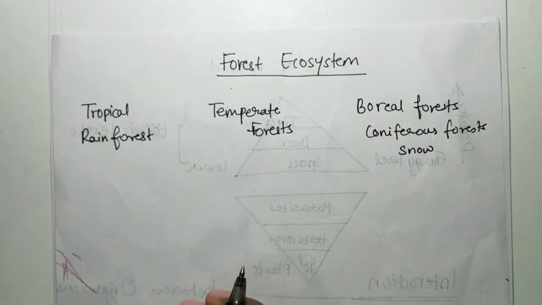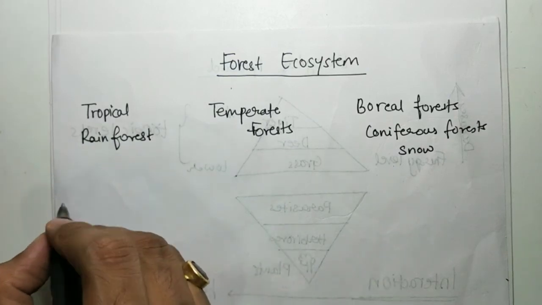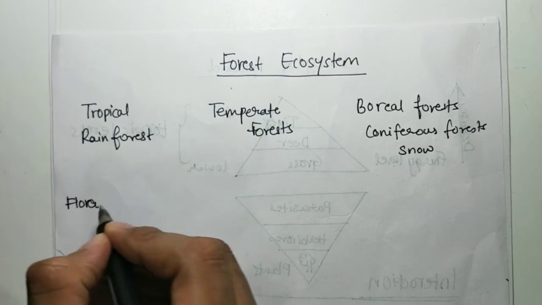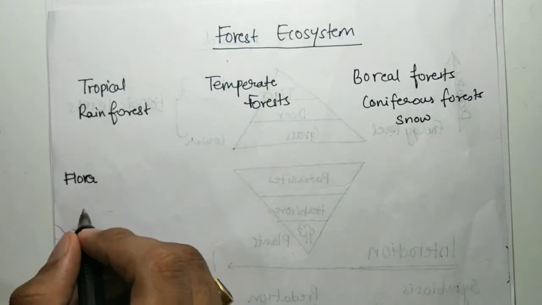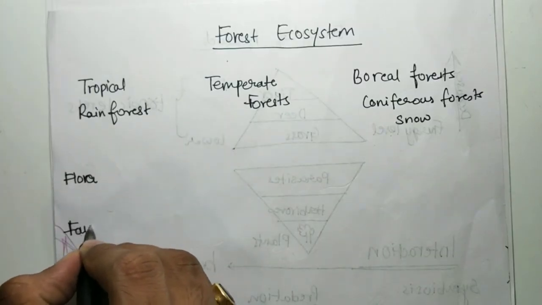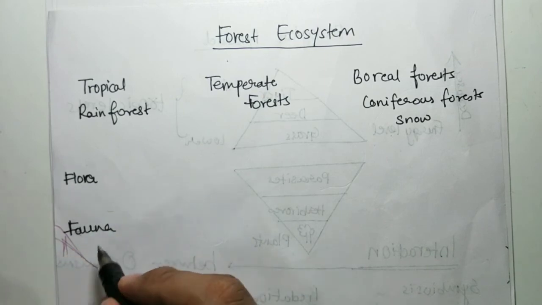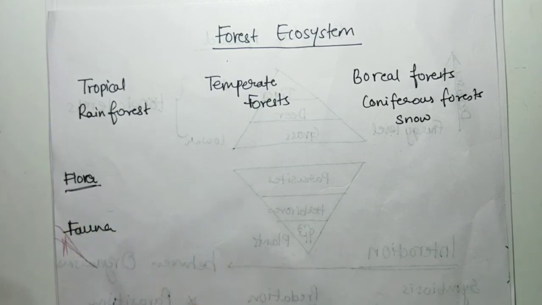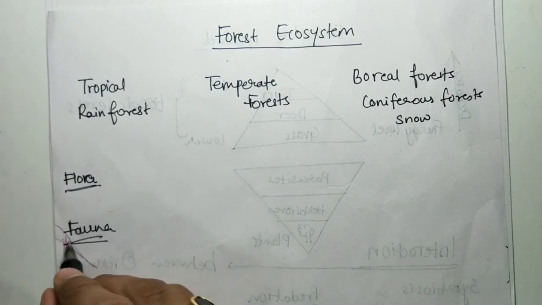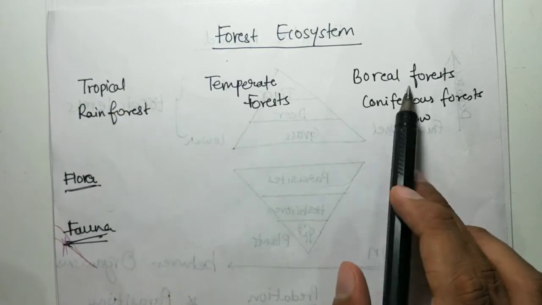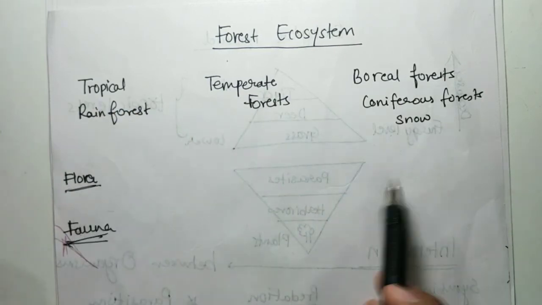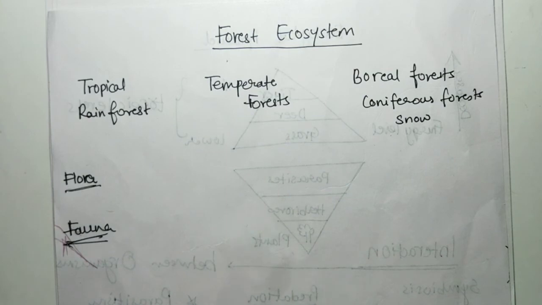Now in every forest there is a different type of flora and fauna. What is flora? Flora means plants and trees found in that area, and fauna means the wildlife, the animals found in that region. So for tropical, temperate and boreal, all three forests, there are different types of flora and fauna found.